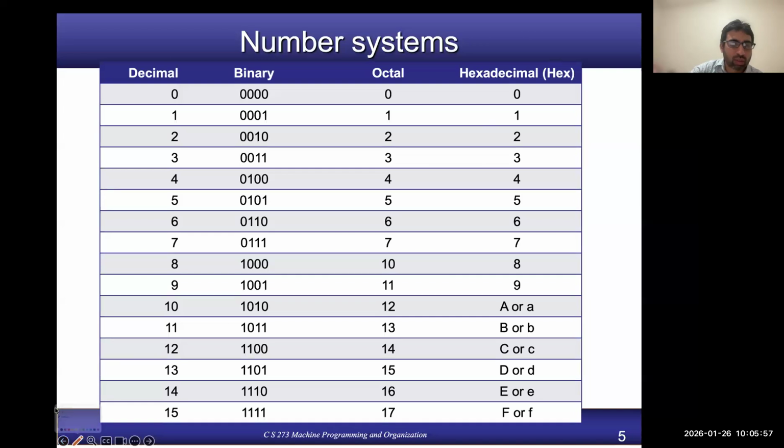Let me select the pointer. So this is the hexadecimal system, right? And we have the digits 0 to F. And here we have C, right? So C is equal to 12, because after 9, we say A. So A is basically what in decimal form? 10. Because in the decimal system, after 9, you have 10, but we represent 10 by A. And then after 10, we have 11, but we represent 11 by B. And after 11, you have 12, and we represent 12 by C and so on. Okay.